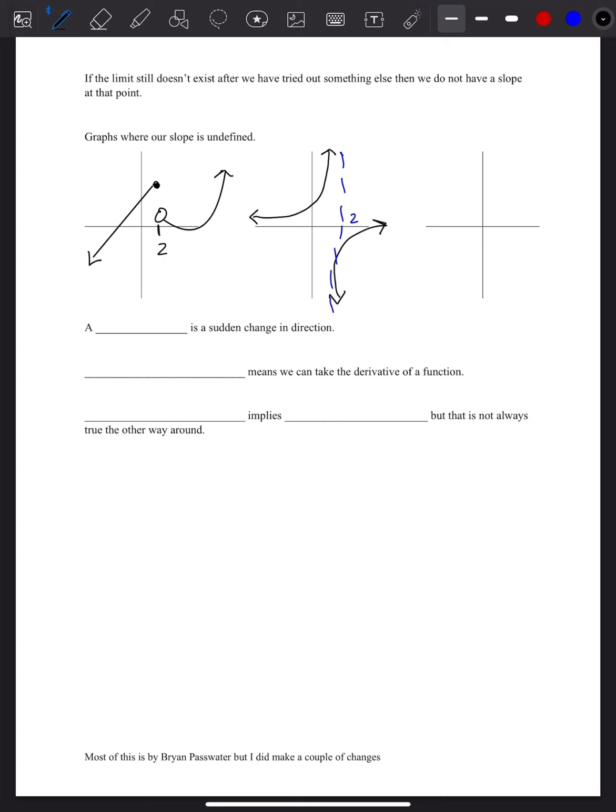There is one more type of function, and that happens when our graph is continuous still. So the only other time when we don't have a derivative is when we have a graph that does something like this.